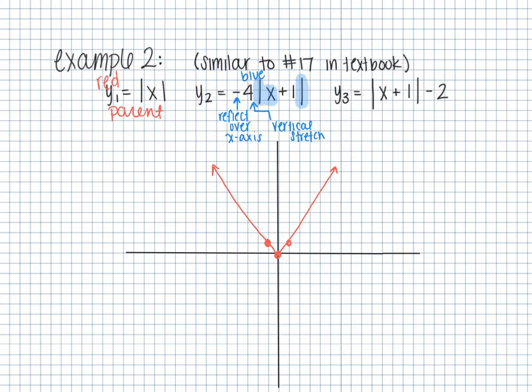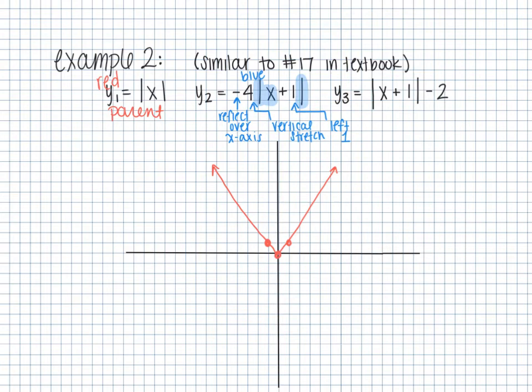It's bigger than 1, so it's a vertical stretch. And then the last one I have, plus 1 inside the function. It's a number being added or subtracted inside the function, and it is going to move it left 1. So the way I graph these, I take the parent function and I move the points in the same order. So I'd reflect them first, I'd stretch them, and then I would move them to the left.